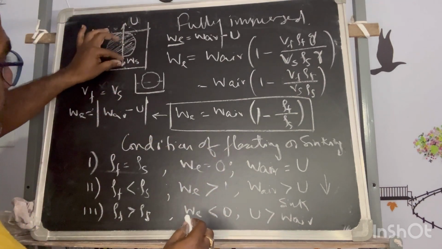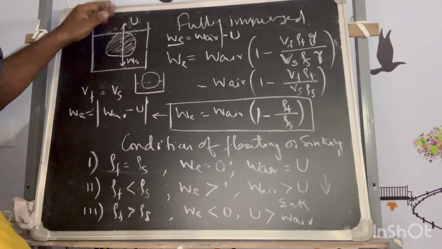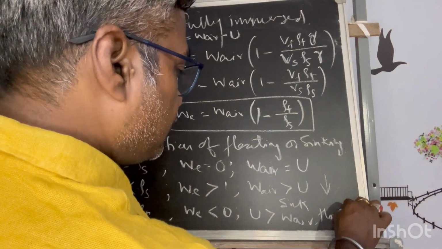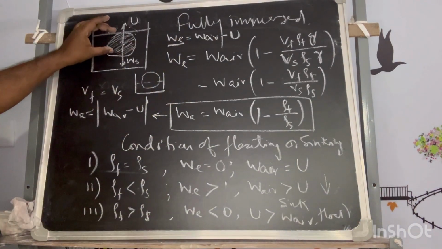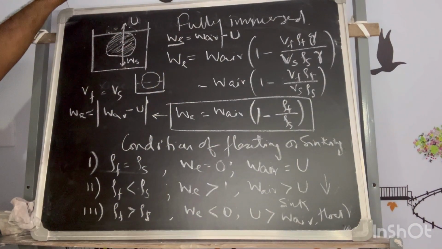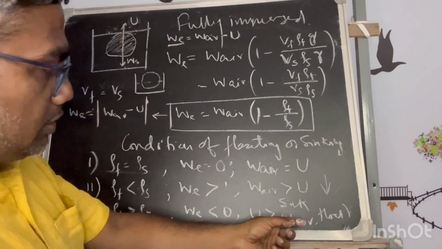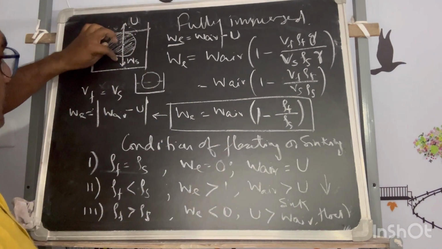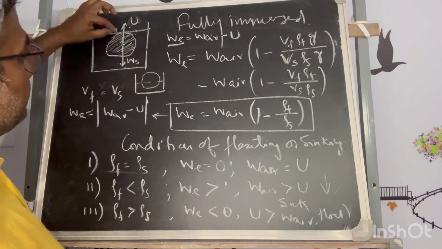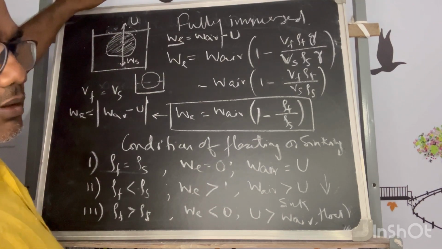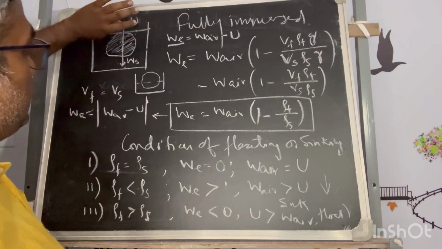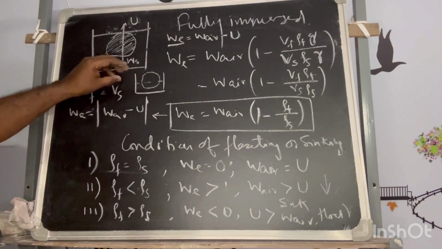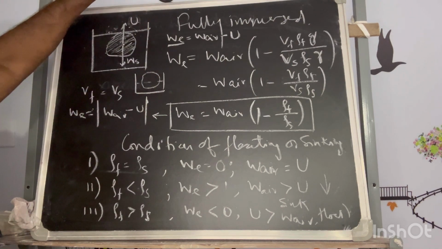If it is more than the weight, there is an imbalance force acting upward. So that is a condition of float, and it can be partially or fully floating. It depends on the force. If the force can overcome this completely, it does not allow any of the fluid to disperse. So this condition can be partially or fully floating.